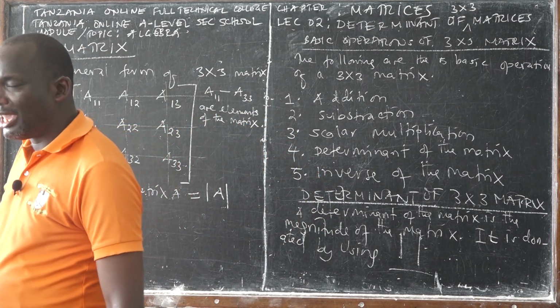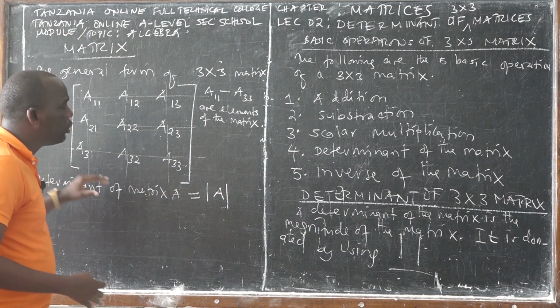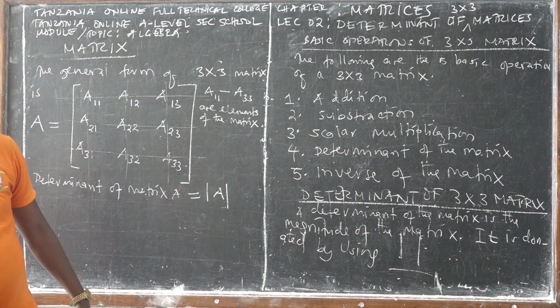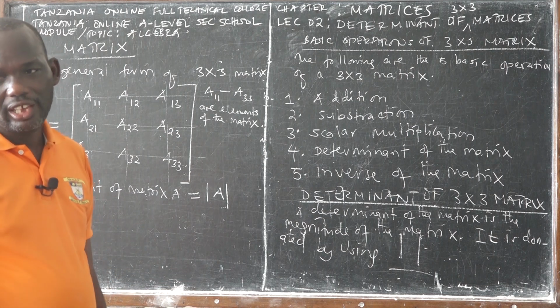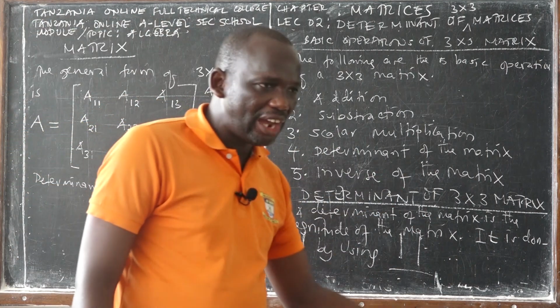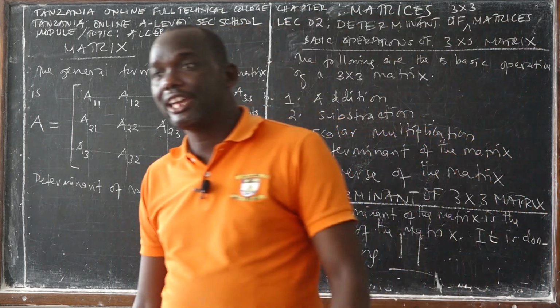A minor matrix is the result after deleting some columns and rows of the higher matrix. For instance, a minor matrix of a 3 by 3 is a 2 by 2 matrix. A minor matrix of a 4 by 4 is a 3 by 3 matrix. A minor matrix of a 5 by 5 is a 4 by 4 matrix. Class, are we together? Yes.